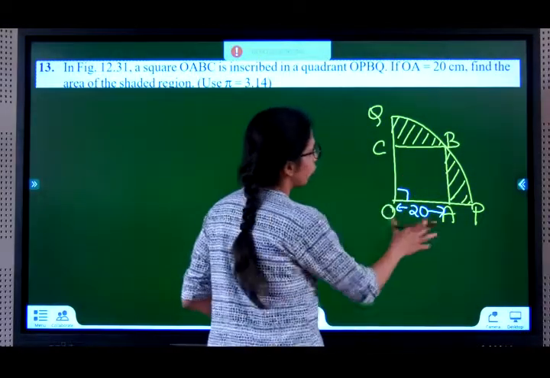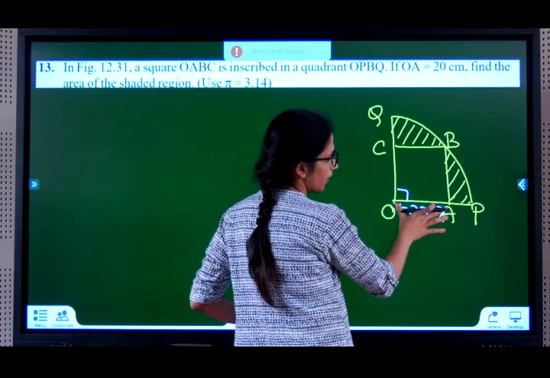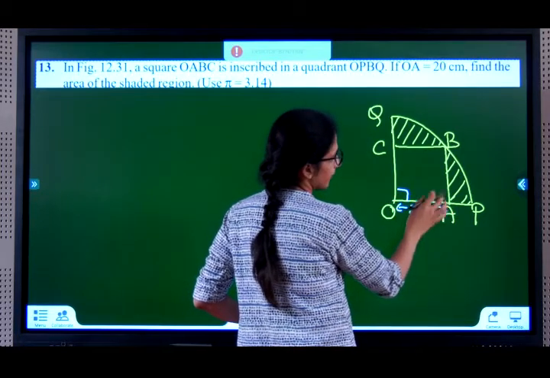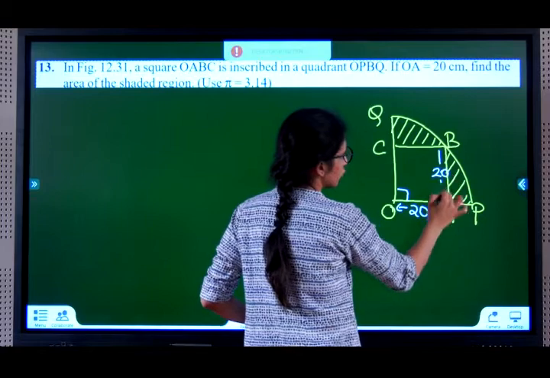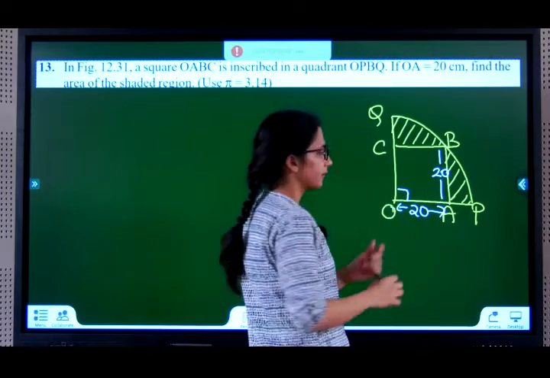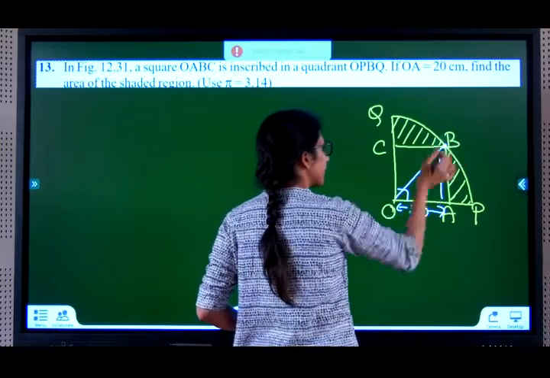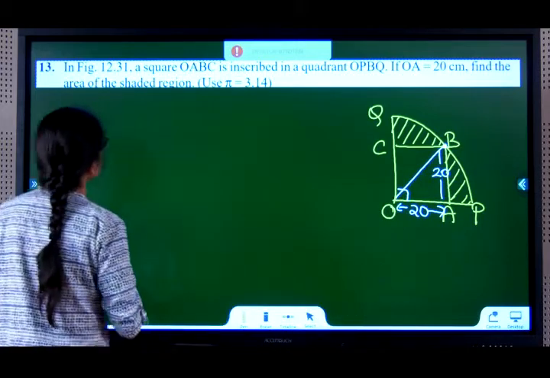Yes, I do. OA is the side length 20. I can say this is also 20. Can I find this OB? Yes, how? Pythagoras theorem.